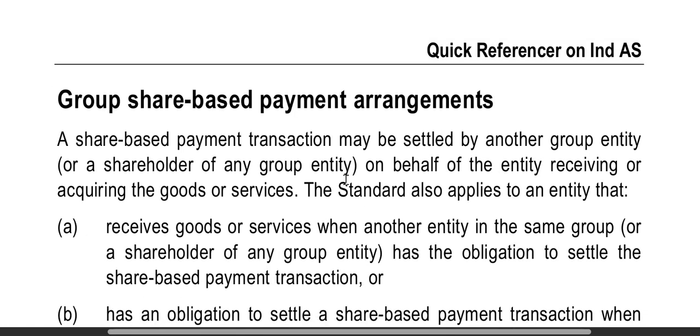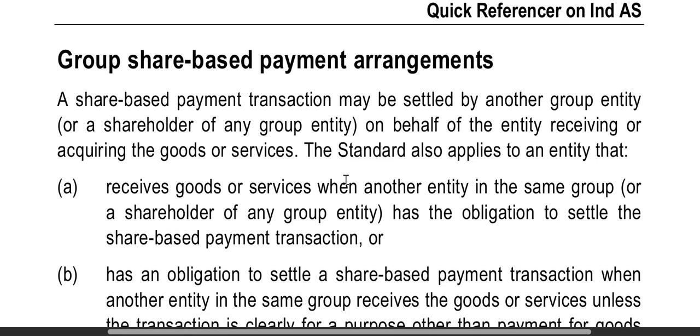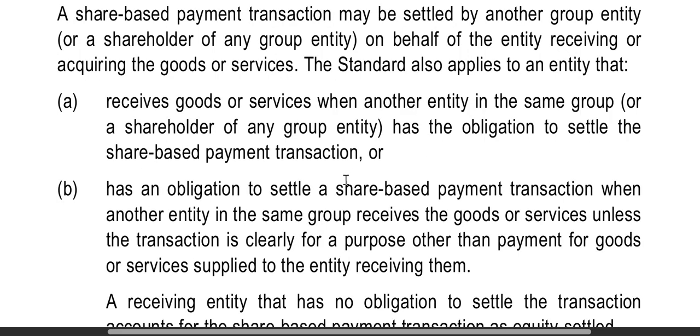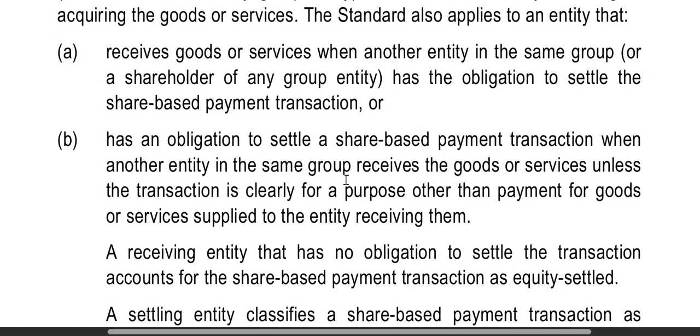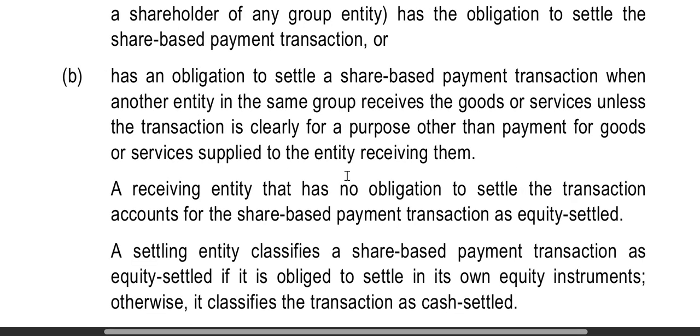Group share-based payment arrangements. The share-based payment transaction may be settled by another group entity, or a shareholder of the group, on behalf of the entity receiving or acquiring the goods or services. The standard applies to the entity that receives goods or services when another entity in the same group, or a shareholder of a group entity, has the obligation to settle the share-based payment transaction, unless the transaction is clearly for a purpose other than payment for goods or services supplied to the entity receiving them.